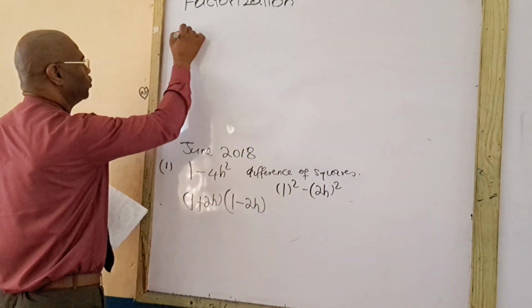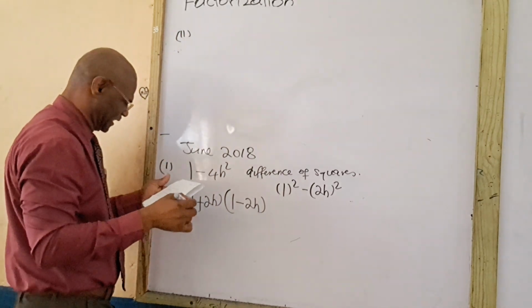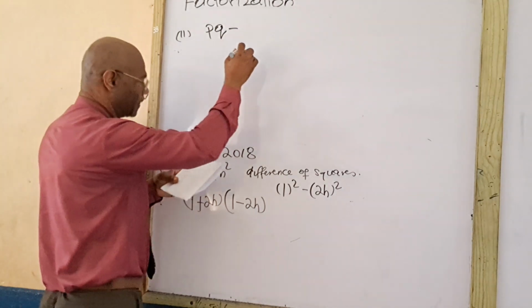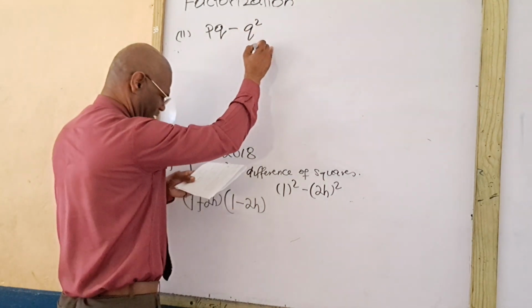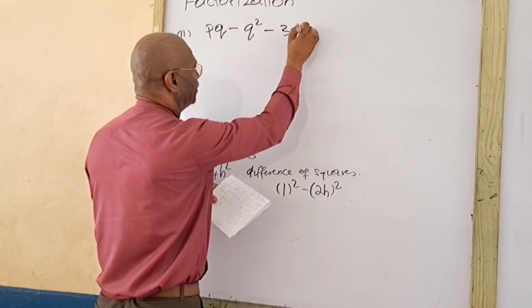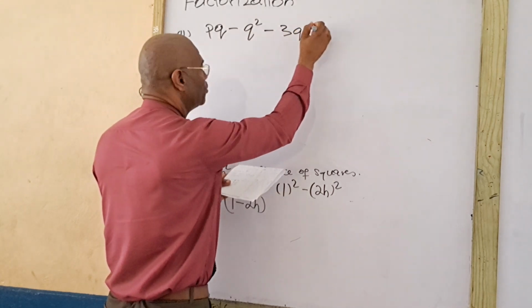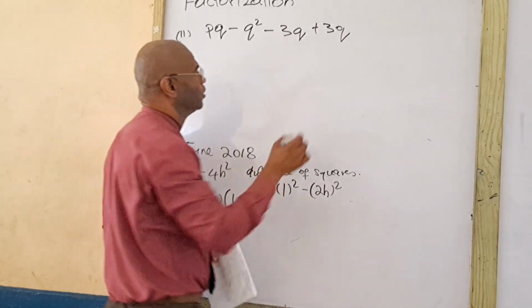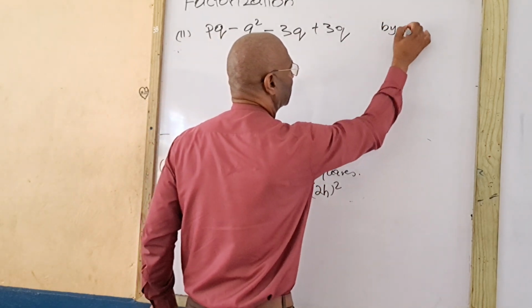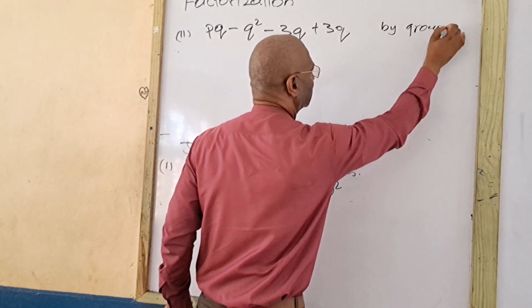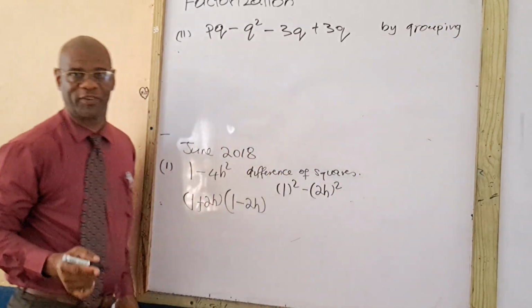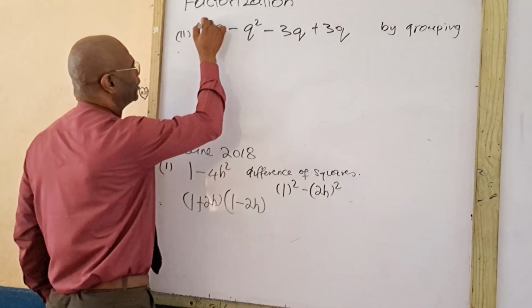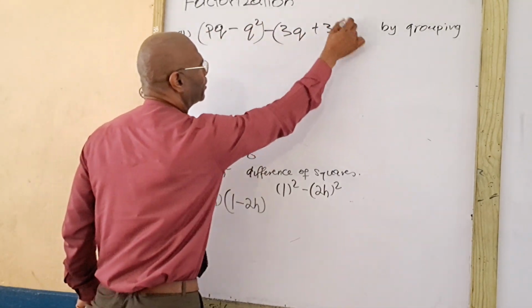This is part 2, and it says pq minus q squared minus 3q plus 3p. And we're going to factorize this one by grouping. So we can just group them.